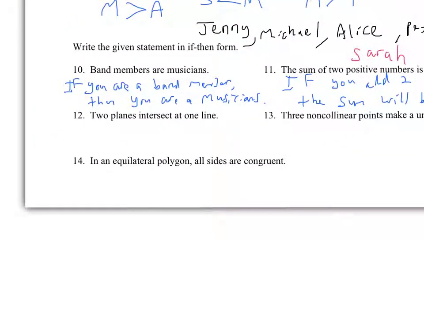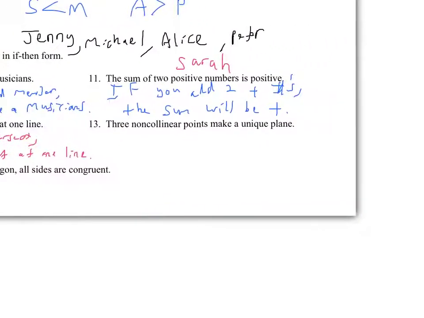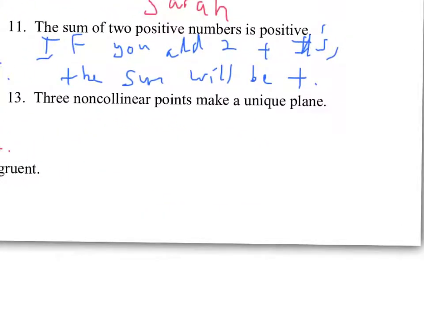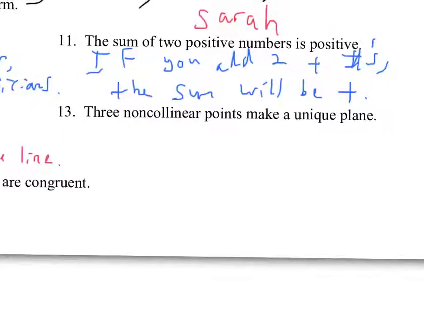Alright, two planes intersect at one line. Again, we can just do this right in order. So if two planes intersect, then, make sure you actually use the words if and then, they intersect at one line. And I apologize for my handwriting there. I'm writing on a tablet and it's not the easiest. Okay, number 13, excuse me. Three non-collinear points make a unique plane.